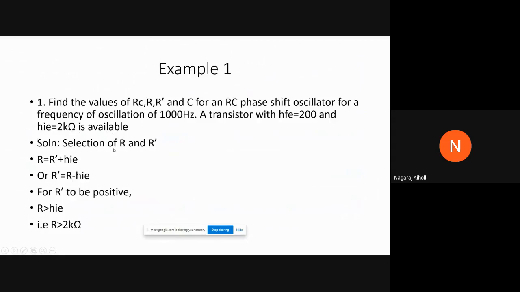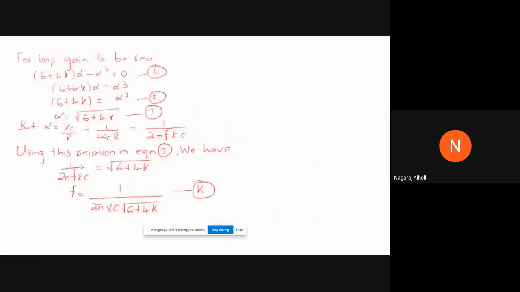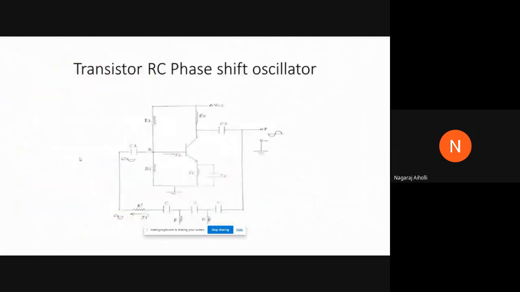So we know that if you want to select R and R dash, the relation is R is equal to R dash plus hIE. If we look into the circuit of the RC phase shift oscillator, the input impedance is given by R dash plus hIE, the input resistance of the circuit. The total input resistance of the circuit is this resistance R dash plus the input impedance of the common emitter RC coupled amplifier, that is hIE.